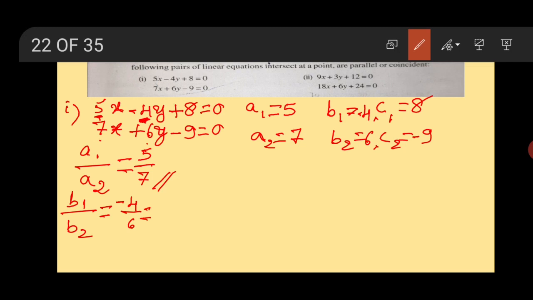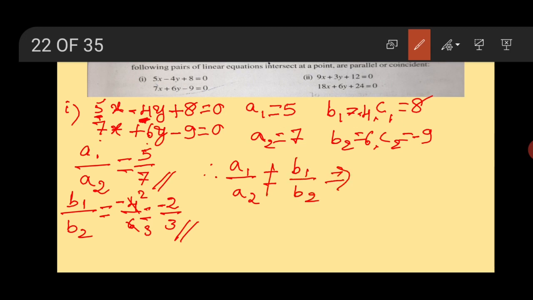If you simplify, 2 twos are 4, 2 threes are 6, so minus 2 divided by 3. Are they equal? 5 by 7 and minus 2 by 3, are they equal? No. Therefore A1 divided by A2 is not equal to B1 by B2. Then what does it imply? The two lines are intersecting.